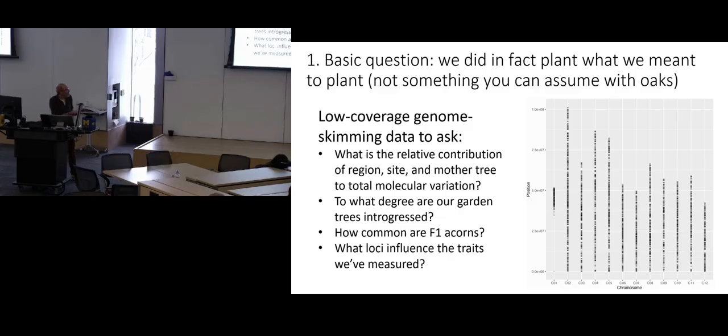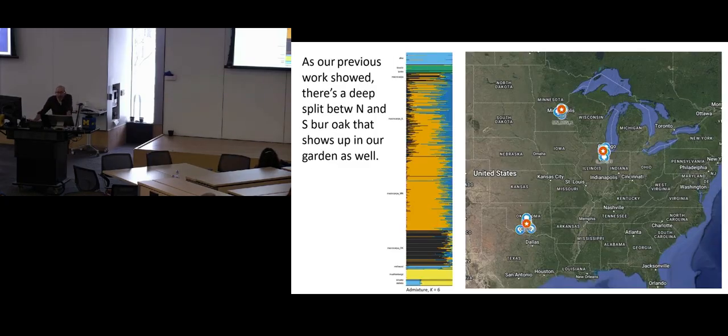We got low coverage genome skimming data, about 186,000 SNPs from across the genome, enough to validate species identity. You'll notice that part of chromosome 1 seems to be missing from our SNP set. That was an artifact of the code that we used to generate this picture. So what you're looking at here, if you haven't seen one of these, this is an analysis that just asks of each population, of each individual, which is a horizontal bar here, what percentage of its genome harkens from, in this case, each of 6 ancestral populations inferred.